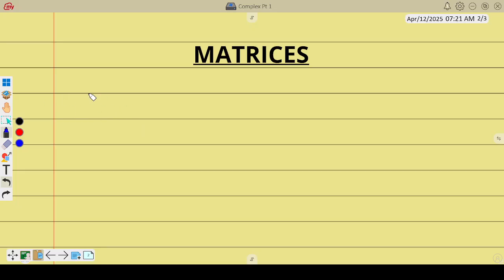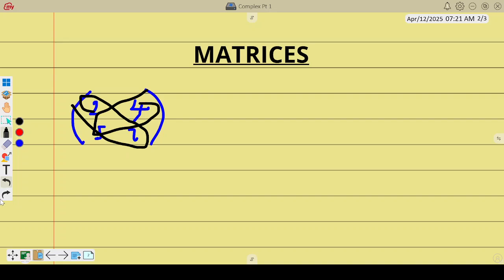So now we can talk about finding the determinant of a matrix. Let's say we have 2, 4, 5, 7. When we're talking about the determinant for a 2 by 2 matrix, this is common. You learned it in high school, where we say the product of the major diagonal minus the product of the minor diagonal.